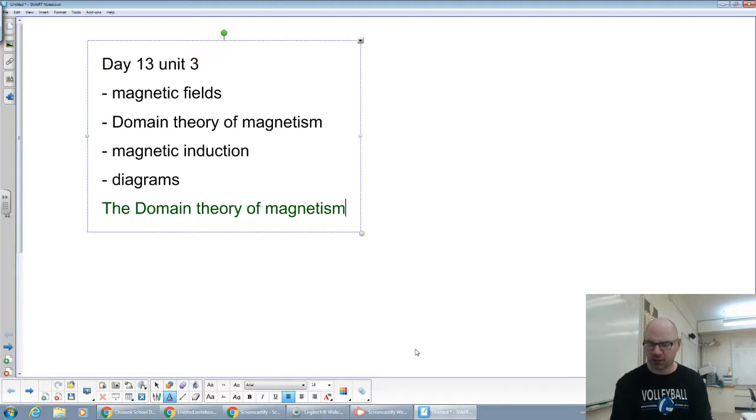So the first thing that the domain theory of magnetism states is that the materials that have the ability to produce a magnetic field are called ferromagnetic materials.